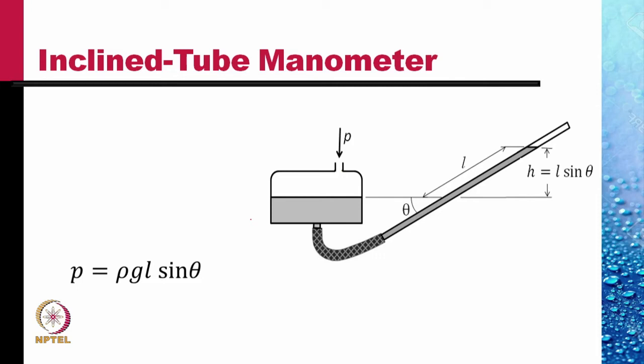The pressure at this point, which should be equal to the pressure at this point, is higher than the pressure at this point by the amount rho g h. But h is L sine theta. So the pressure P is rho g L sine theta.